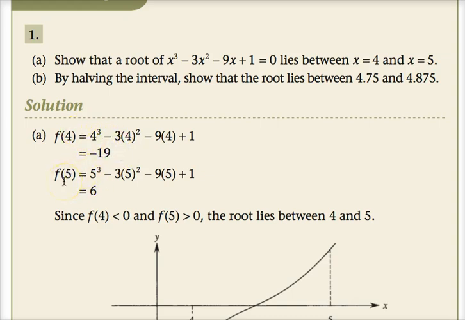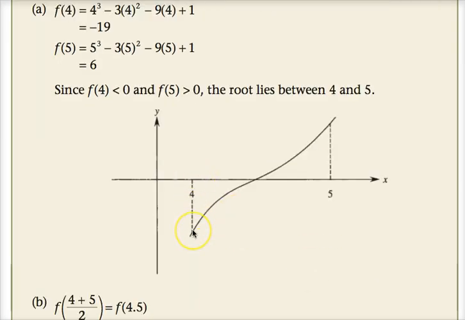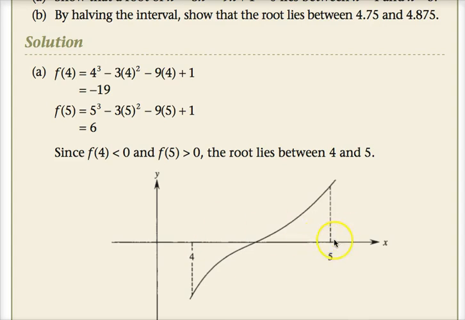They do f(5), they get a positive answer. Because f(4) is negative and f(5) is positive, the root must lie somewhere in between 4 and 5. Then it says, by halving the interval, show that the root lies between 4.75 and 4.875.